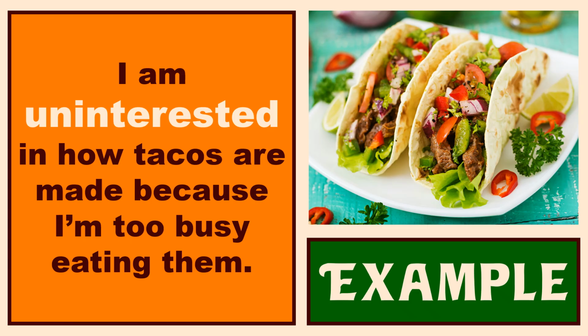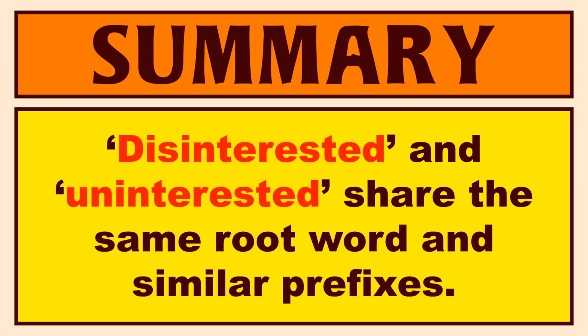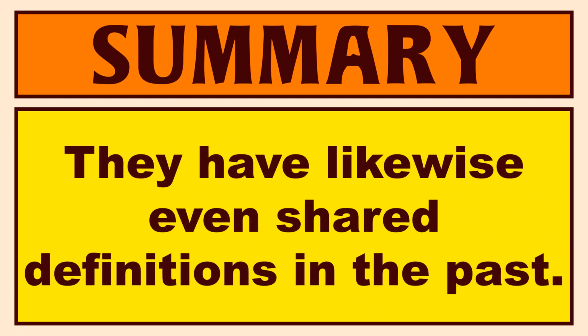And this is the distinction between being disinterested and uninterested. Let us do a quick summary. Disinterested and uninterested share the same root word, specifically the word interest. They have likewise even shared definitions in the past.